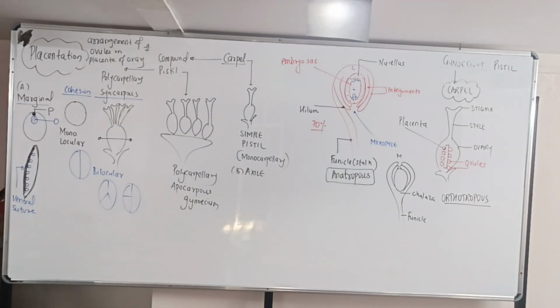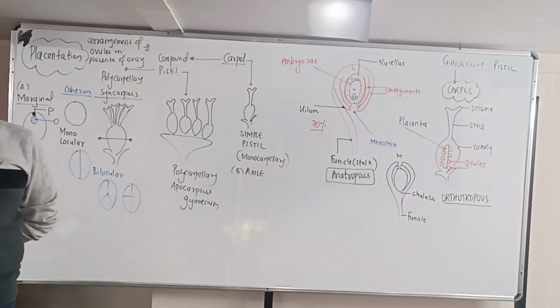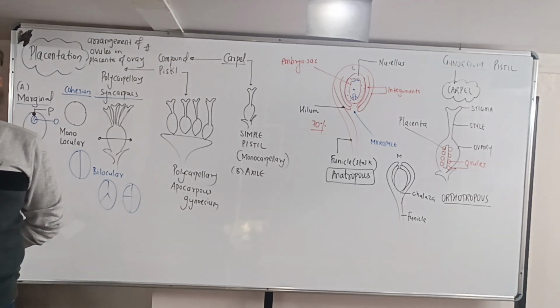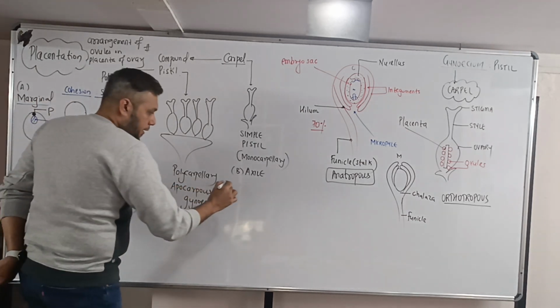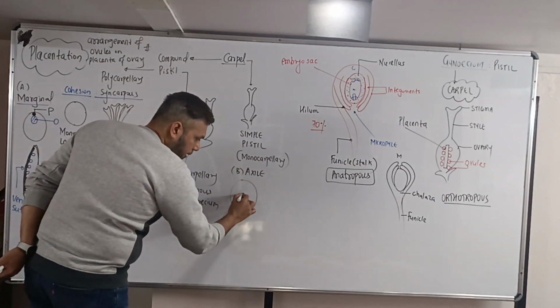So look at the diagram. Can we say that it is a unicarpellary or multicarpellary condition? Multicarpellary. How many locules are there? 3. There can be more than that. So what will we call it? Multilocular. It is multicarpellary, multilocular. Apocarpous condition or syncarpous condition? Syncarpous. We are getting locules like this. And where is the placenta?